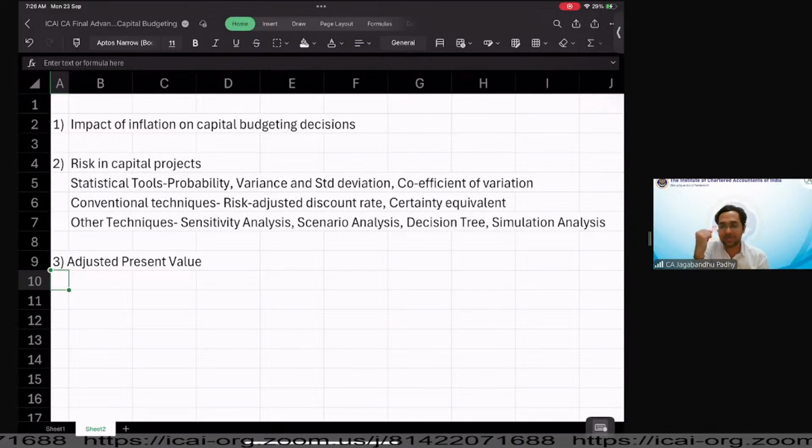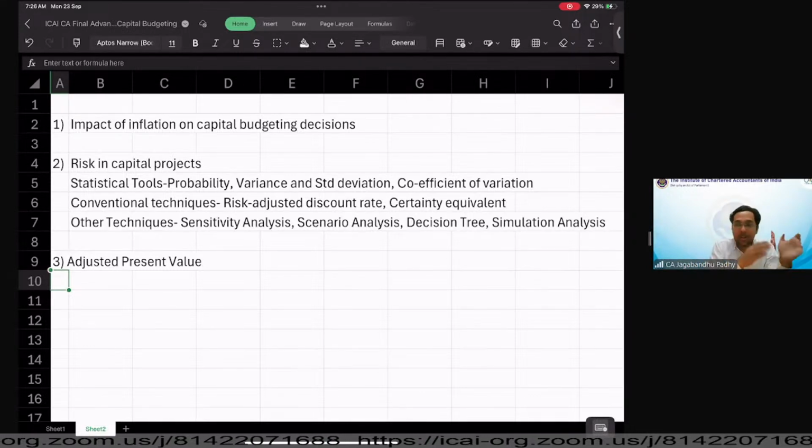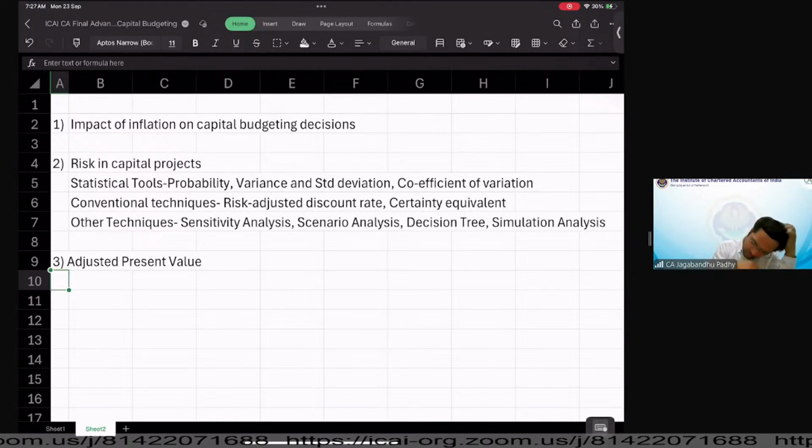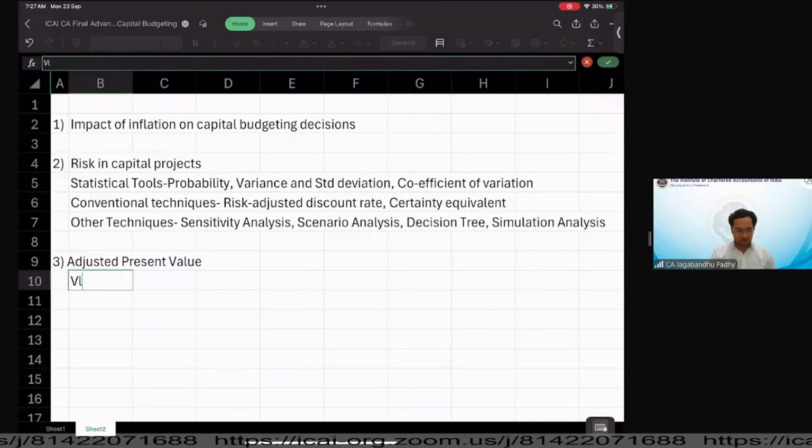Correct, guys? So in capital structure, we had the MM model with taxes and without taxes, right? So we are specifically looking not at the dividend decision aspect, but at the capital structure MM model. So in the capital structure MM model, I don't know if you can recall, we had: value of a levered firm is equal to value of unlevered firm plus debt into tax rate.